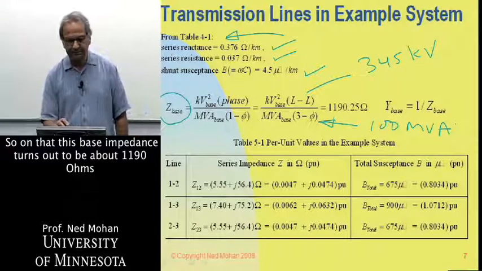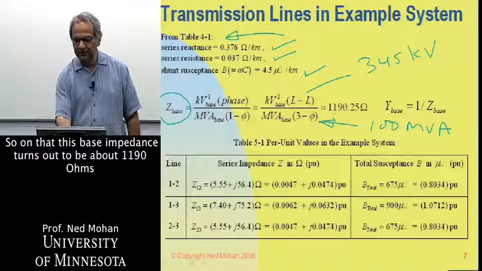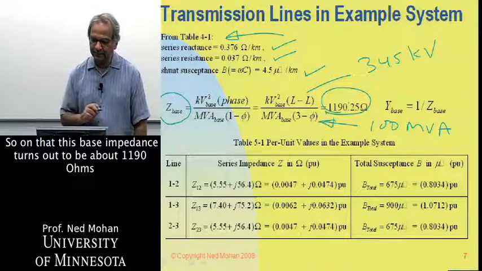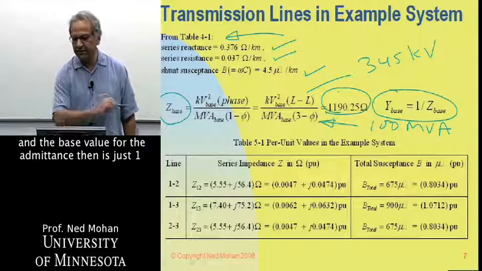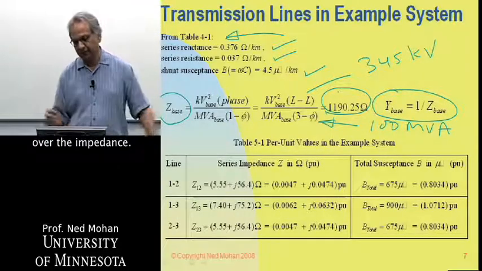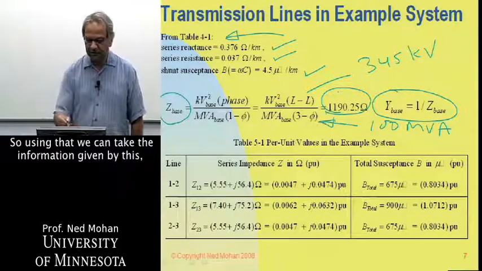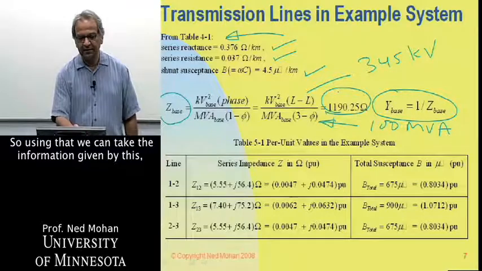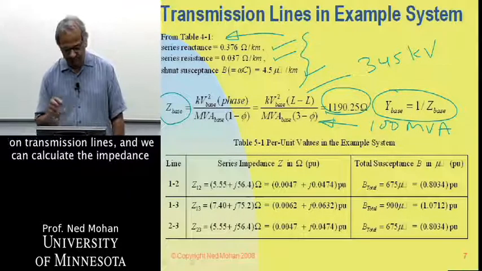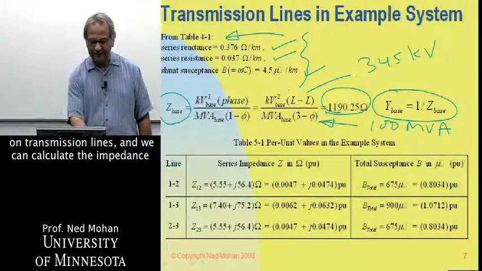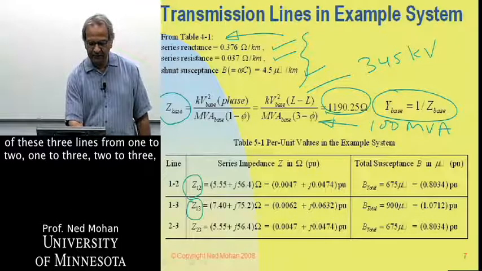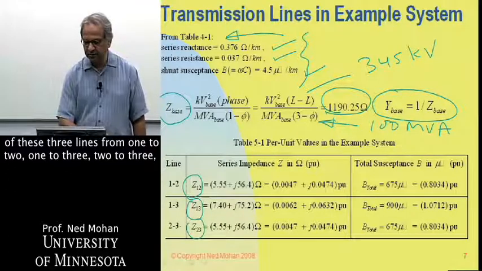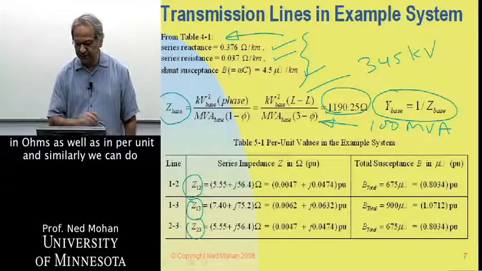On that basis, this base impedance turns out to be about 1190 ohms, and the base value for the admittance is just 1 over the impedance. Using that, we can take the information given on transmission lines and calculate the impedance of these 3 lines, from 1 to 2, 1 to 3, and 2 to 3, in ohms as well as per unit.